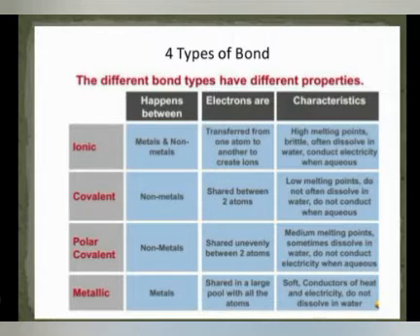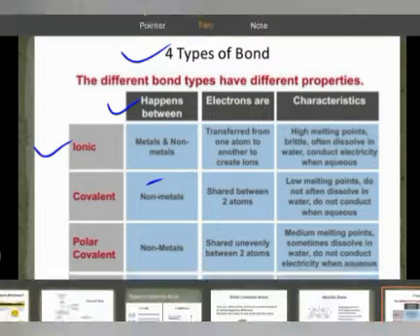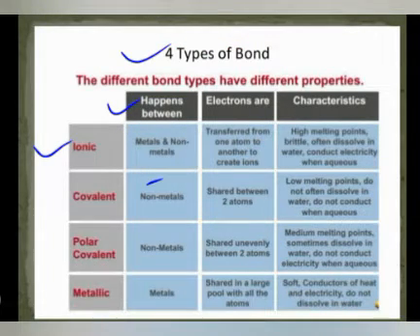There are basically 4 types of bond we studied. First is the ionic bond. It happens between metal and non-metal; covalent between non-metals, polar between non-metals, metallic between metals. If we talk about electrons, in ionic they transfer from one atom to another and create ions, whereas in covalent there is sharing, in polar the sharing is uneven, meaning not equal between two atoms, and in metallic it is shared in a large pool with all atoms.